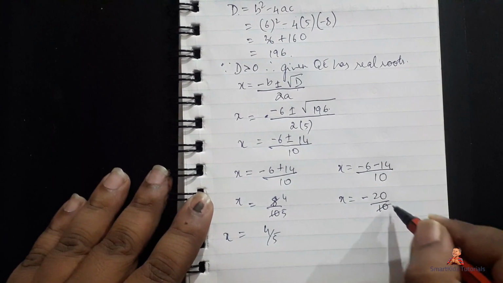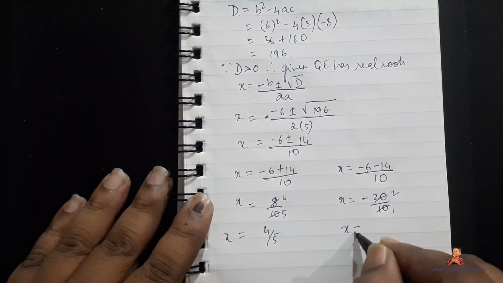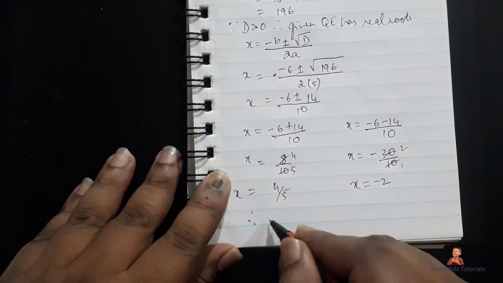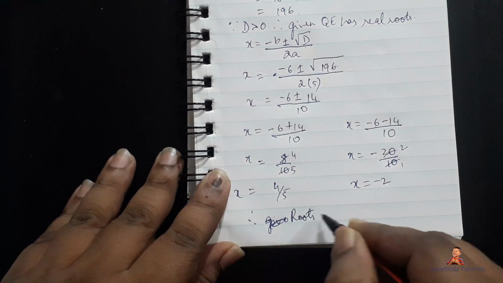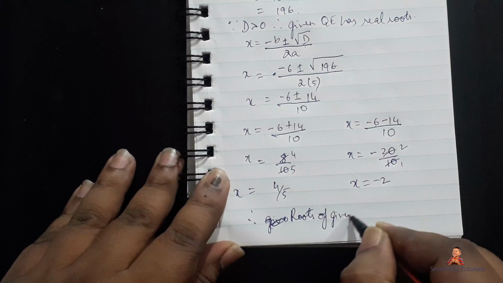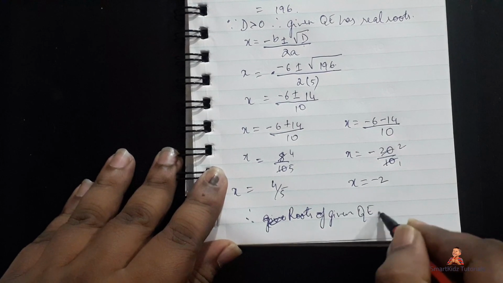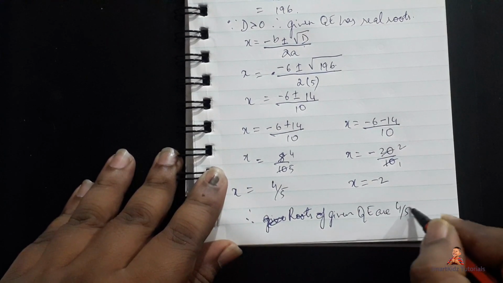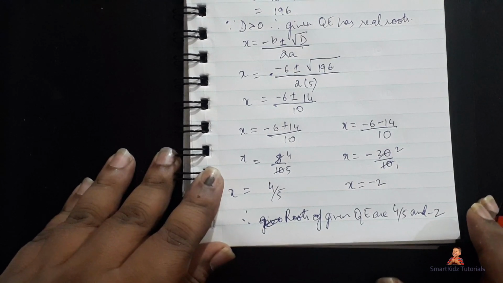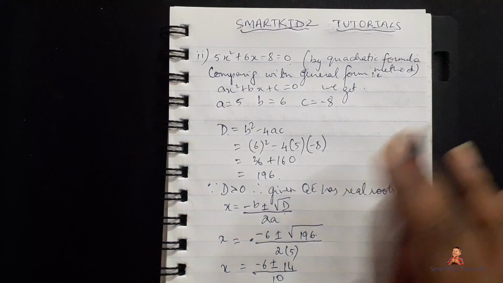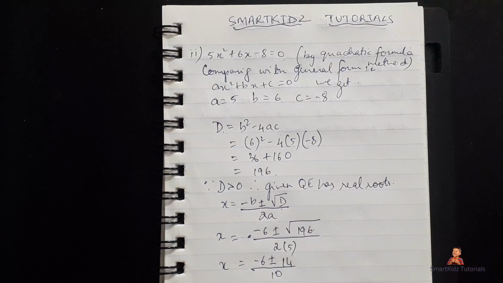We cancel, 10 ones are 10, 10 twos are 20, we will get x equal to minus 2. Therefore we can write the roots of the given quadratic equation are 4 upon 5 and minus 2. These are the roots of the equation by using the quadratic formula.